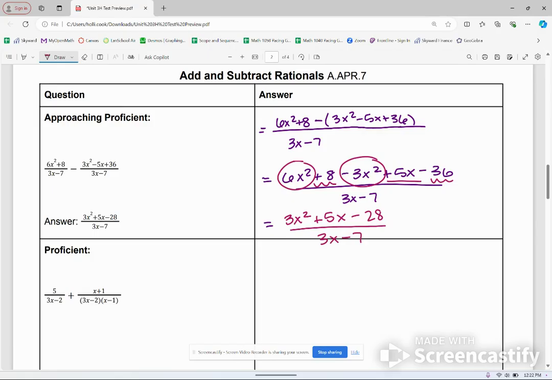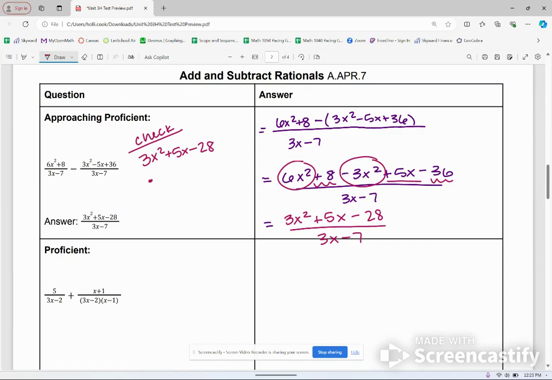When we're done here, technically we do need to check and see if we can factor this, to see if anything cancels out. So we need to see if we can factor the top. We need something that multiplies to, what's 3 times negative 28?